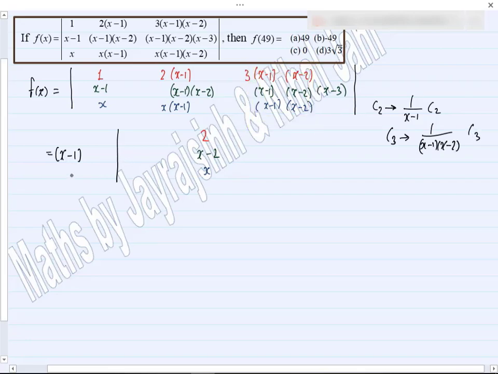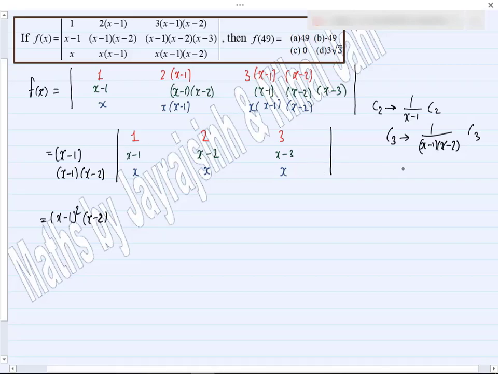So we have to multiply x minus 1 and x minus 2 with the determinant. Third column will be 3 x minus 3 and x. Our first column will be as it is. So our common factors will be x minus 1 square and x minus 2.